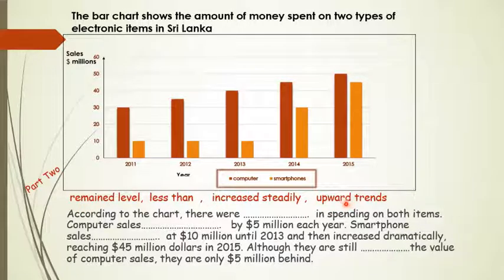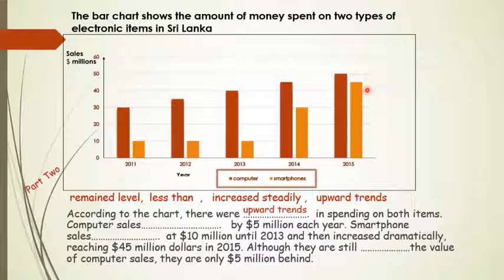Okay, according to the chart, there were, yes, you could use, come on, upward trends in spending on both items. See, upward trends in spending on both items.